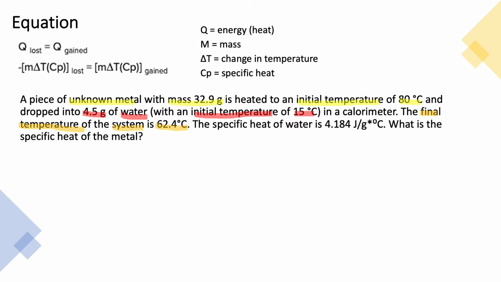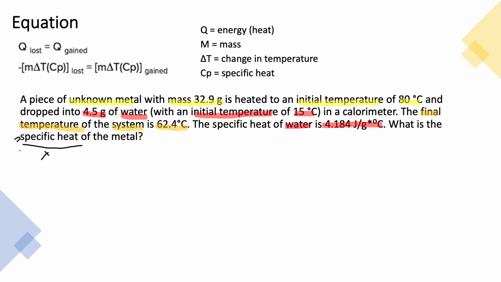The specific heat of water, going back to water, is 4.184 joules divided by grams times Celsius. The question that this is asking is, what is the specific heat of the metal? So that is going to be our variable here. The specific heat of the metal will be variable X.